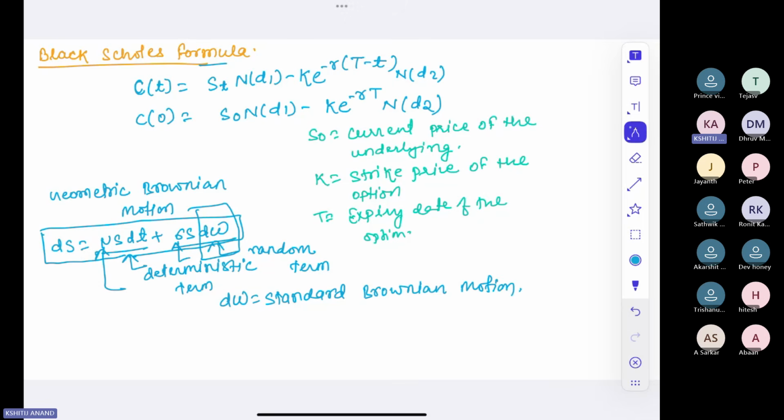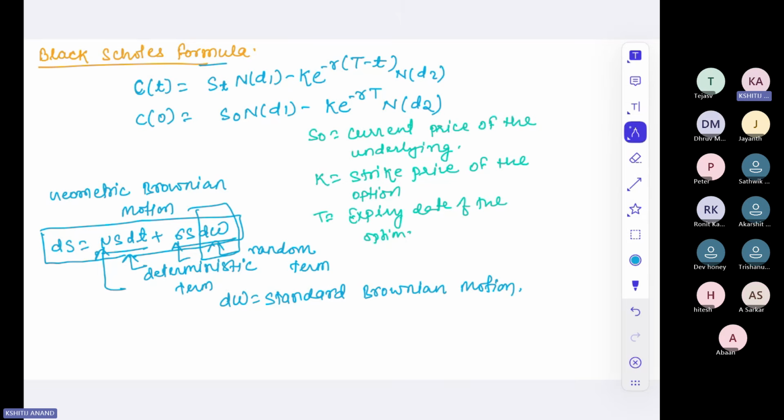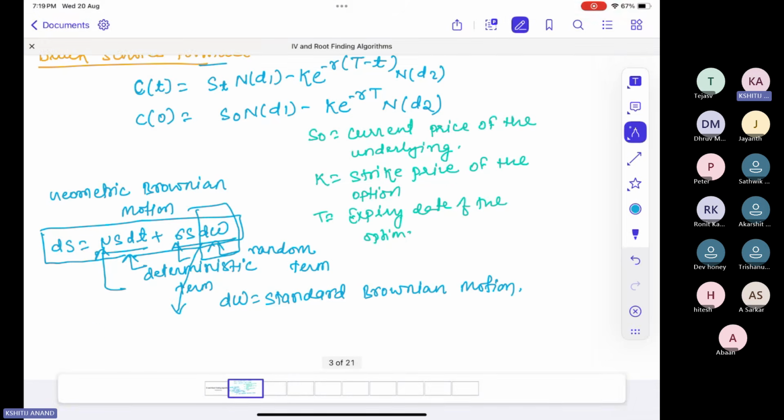Now, what is this standard Brownian motion? Again, this is a thing to discuss in a separate lecture, right? A standard Brownian motion is a set of random processes which follow certain rules. For now, you can think of it like this: let us say there are terms like x1, x2, x3, x4, and they follow certain rules.